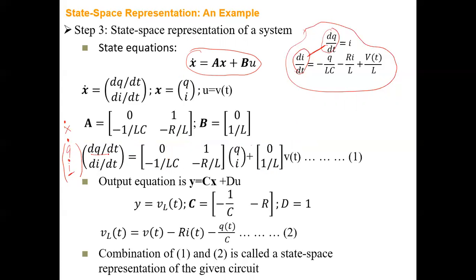So your first is dq over dt. Let me talk about the first one, okay? The top one. So dq over dt equals, if you multiply, what do you get on the top? Multiply this guy with this guy, right? What do you get? 0 times q, plus 1 times I. Then here, what do you get? 0 times BU.